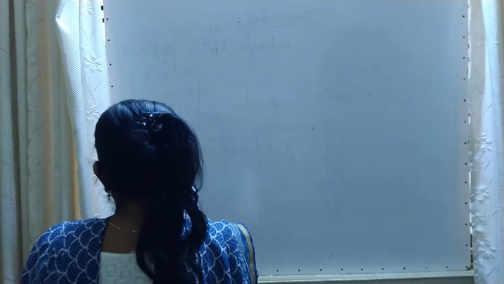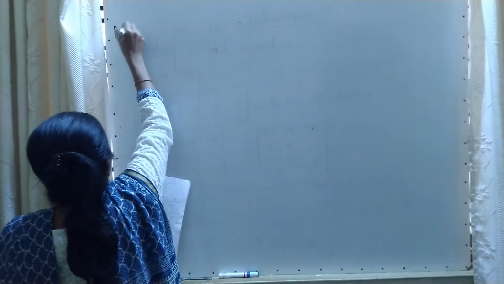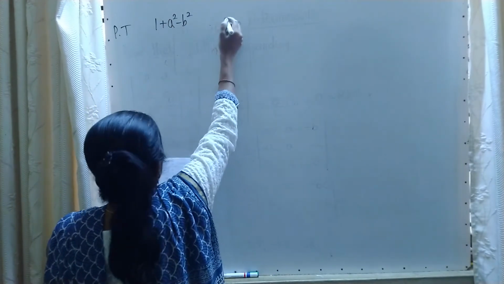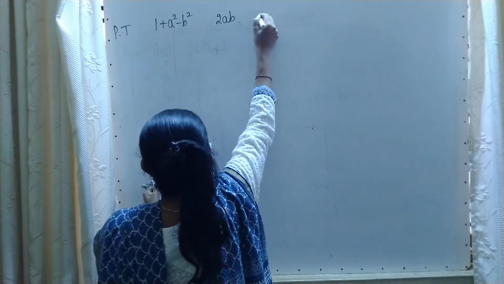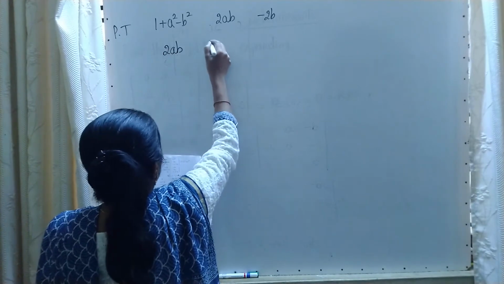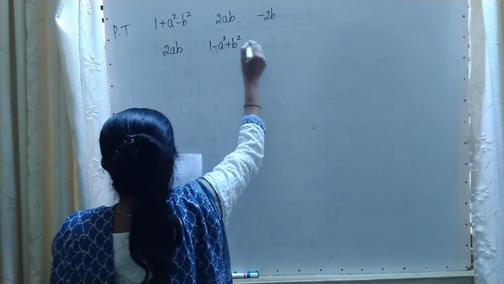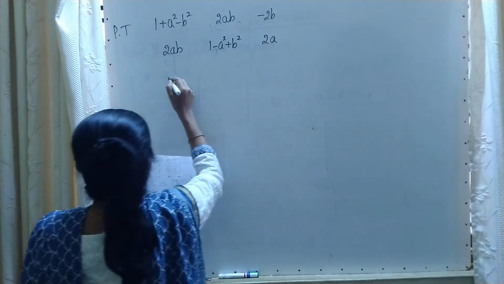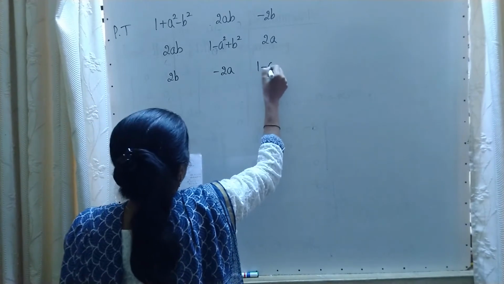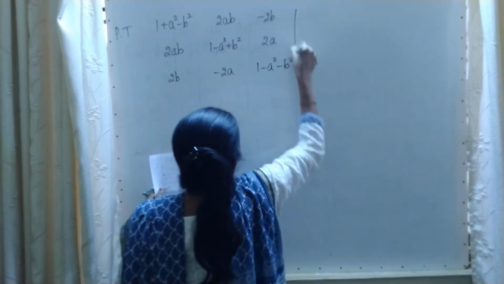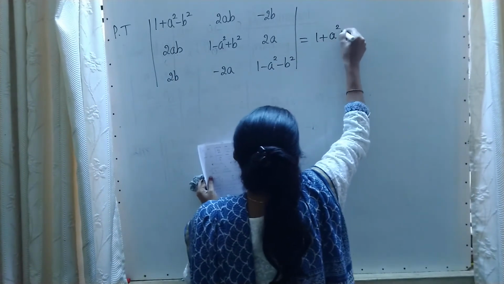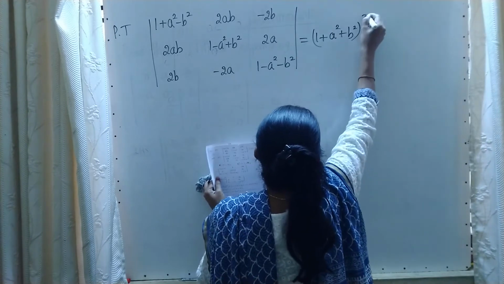Moving to the next example, prove that the determinant with first row 1 plus A square minus B square, 2AB, minus 2B; second row 2AB, 1 minus A square plus B square, 2A; next row 2B, minus 2A, 1 minus A square minus B square, is equal to 1 plus A square plus B square whole cube.